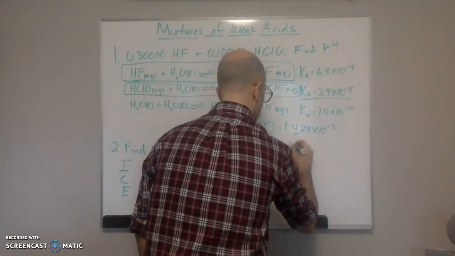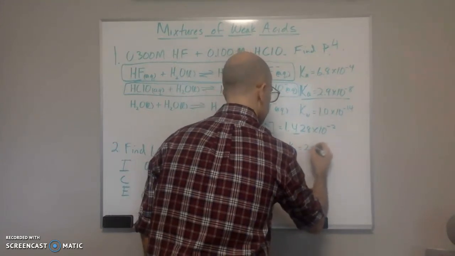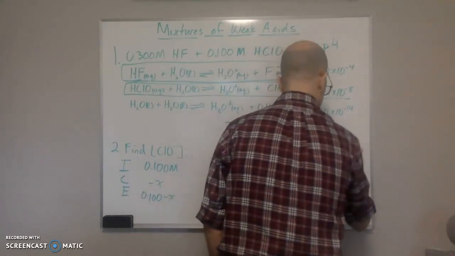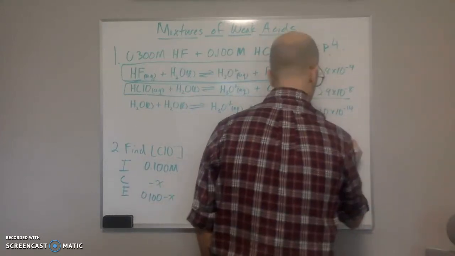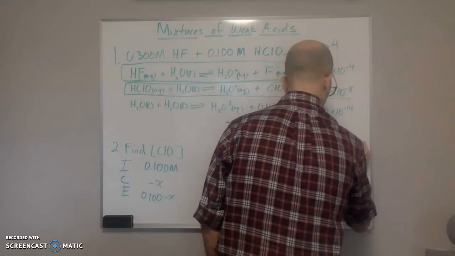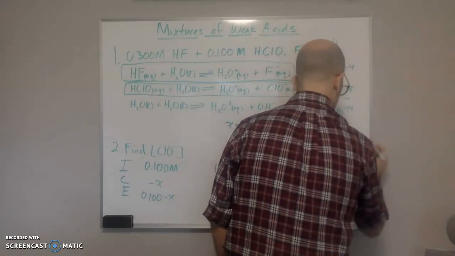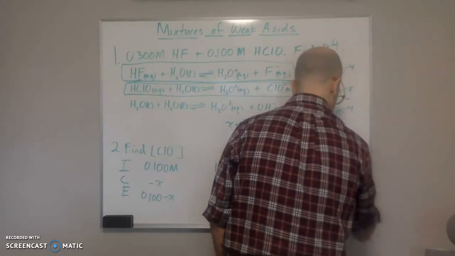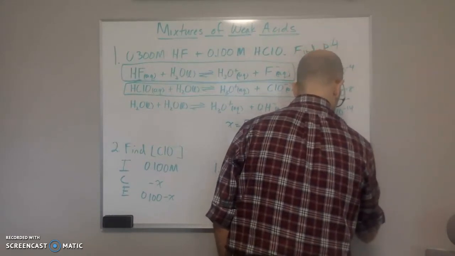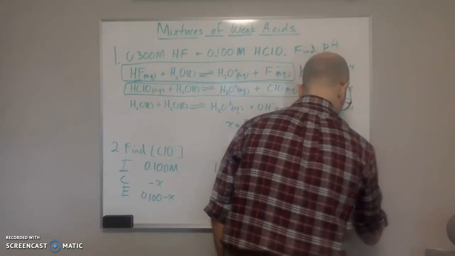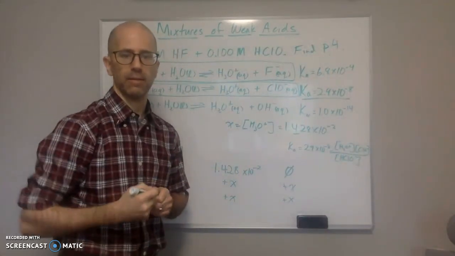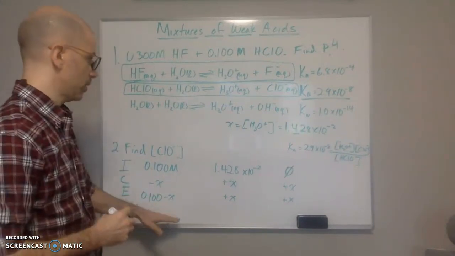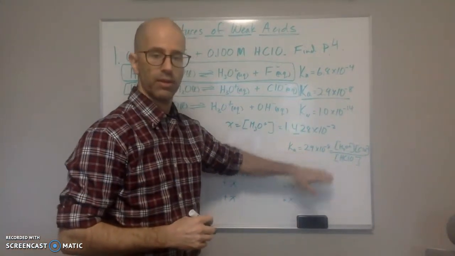Now we're going to use this expression here. So Ka is equal to 2.9 times 10 to the negative 8, which is going to be equal to H3O plus and ClO minus concentration all over the concentration of HClO as a reactant. Okay, so then we're going to solve for this.